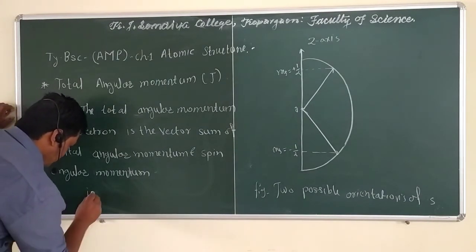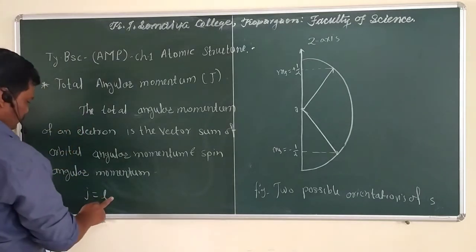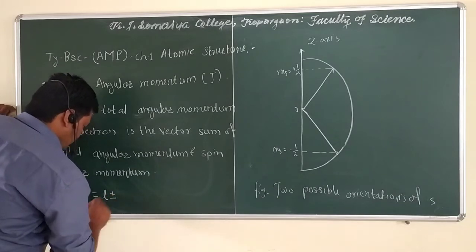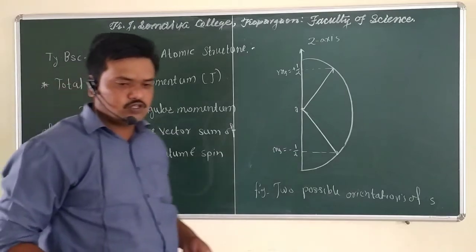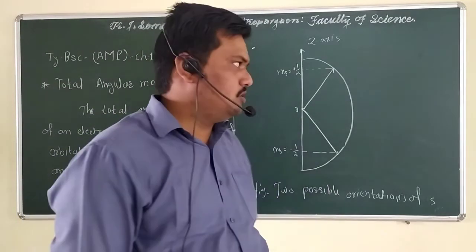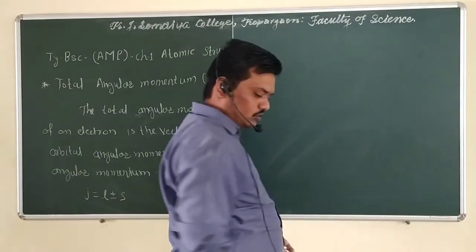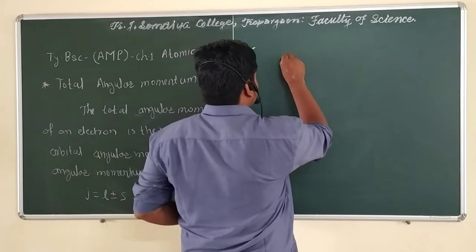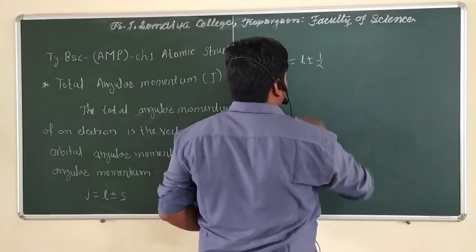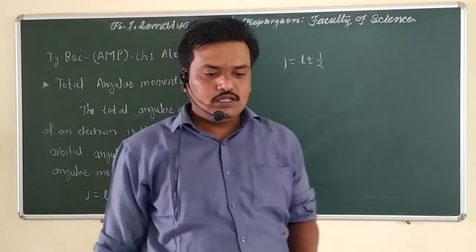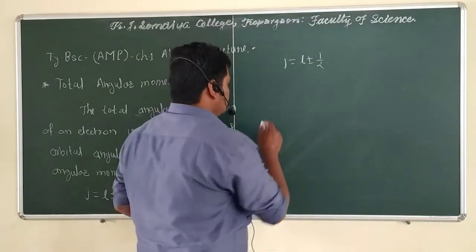Because the spin angular momentum has two values, plus or minus half, it is written as small j equal to l plus or minus half.